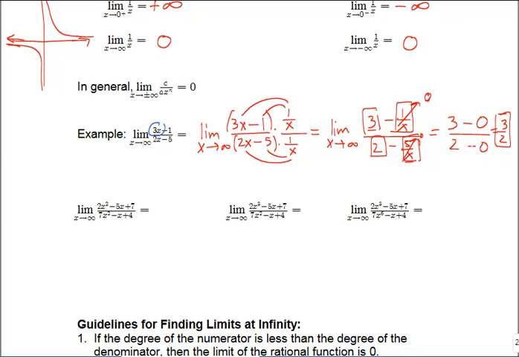So this 3x is what dominates. On the bottom, the same thing is true. The 2x will dominate. And if you look at 3x divided by 2x, those x's are canceling out, which is where we're getting that 3 halves from. So it's the dominant term divided by the dominant term that's going to make a difference in our final limit.